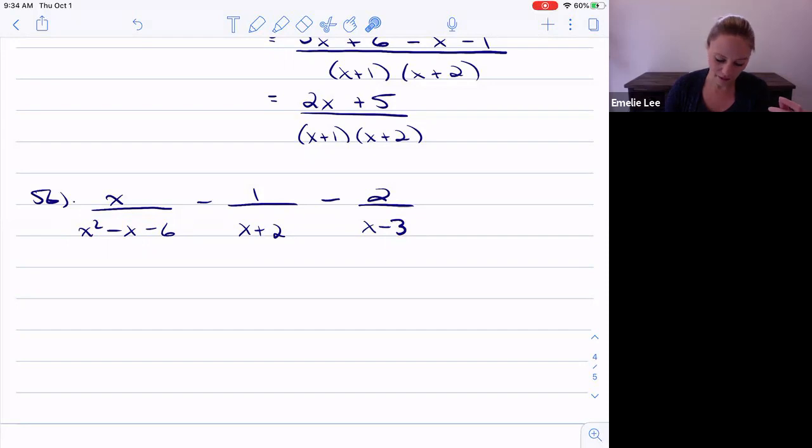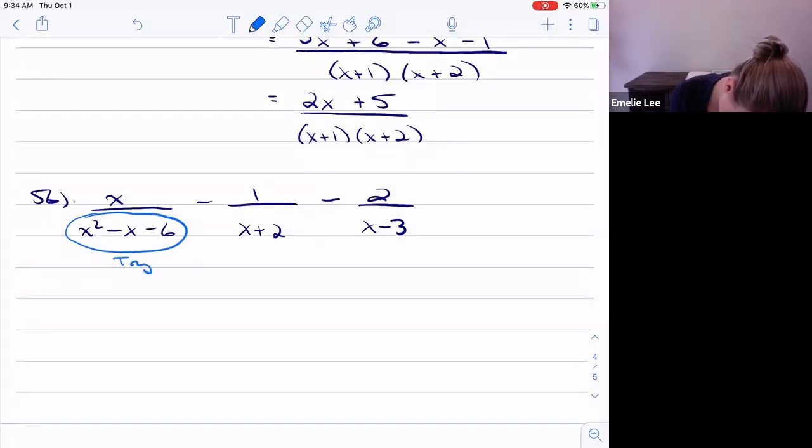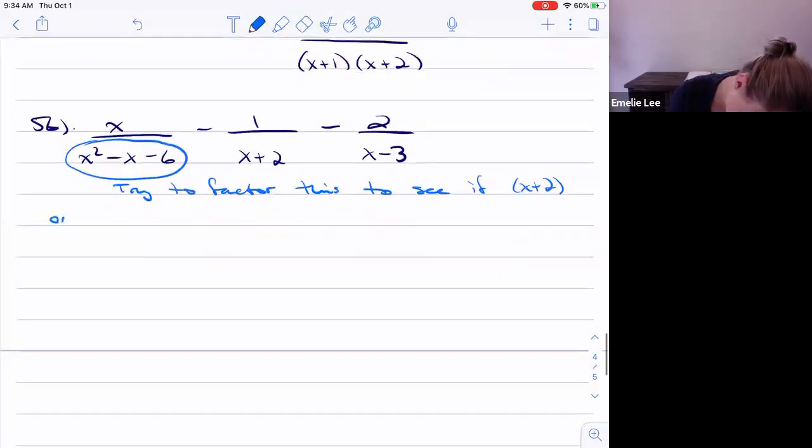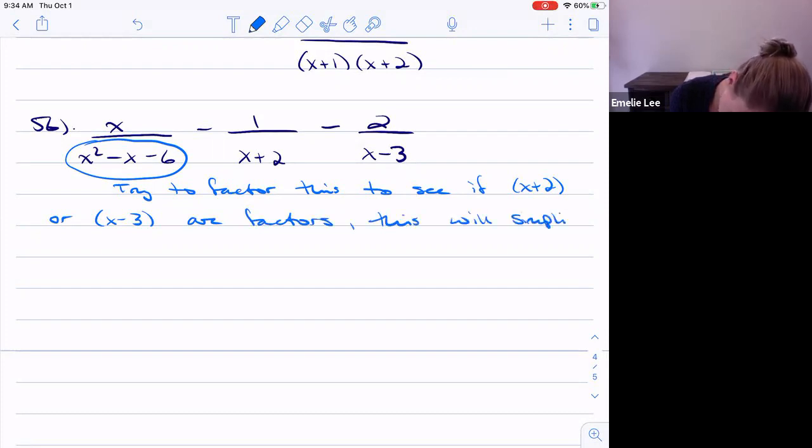So we'll try to factor this, to see if x plus 2 or x minus 3 are factors. This will simplify the common denominator.